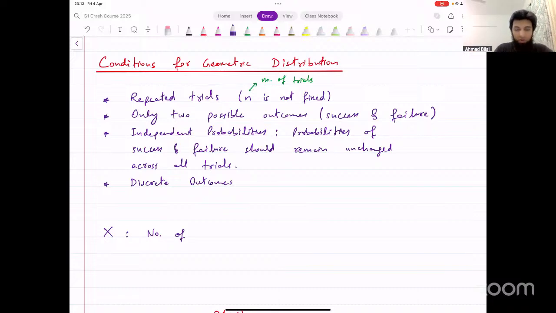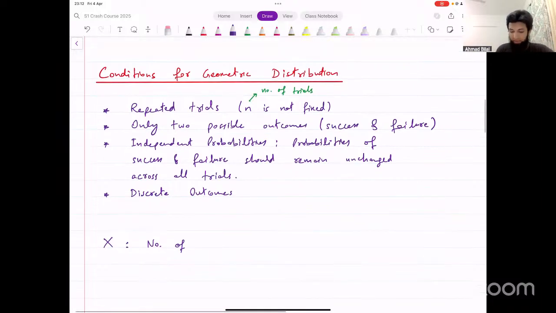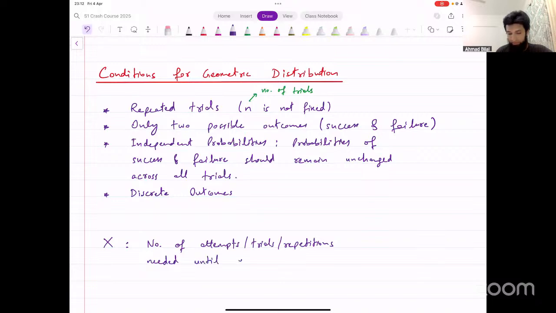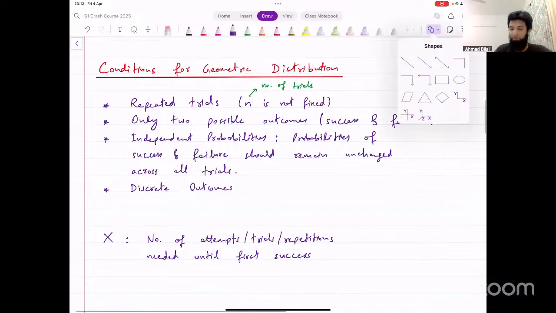In binomial, you're talking about number of successes. So here, the variable x represents the number of attempts, or you can also call this number of trials or the number of repetitions needed until you get your first success. Until first success. That's what x represents in a geometric distribution.